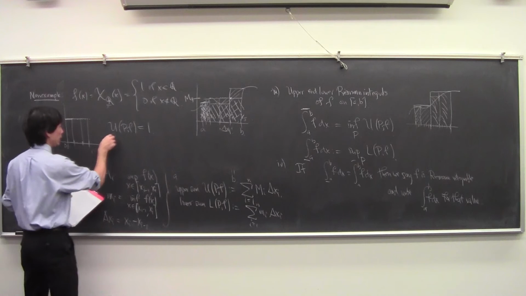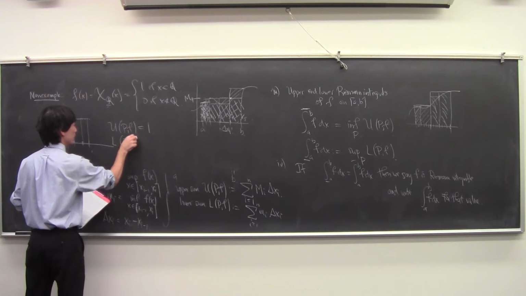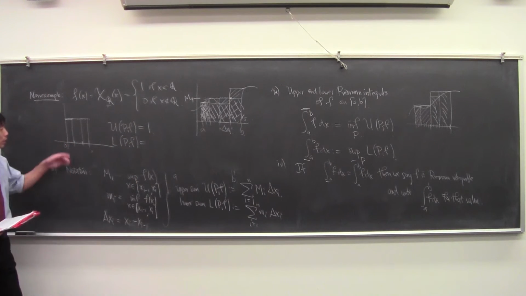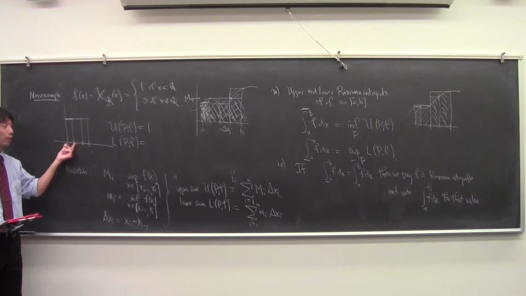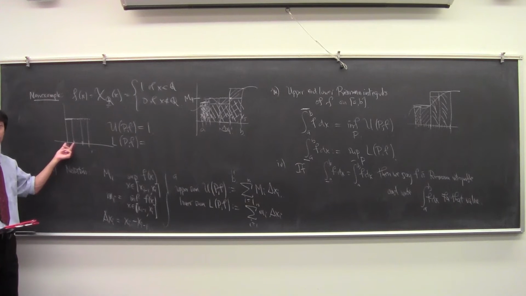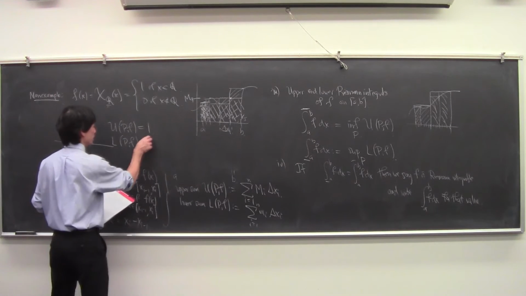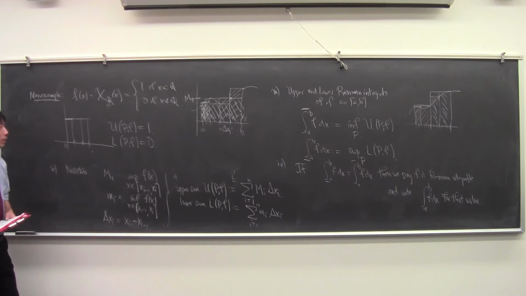Okay. And if you look at the lower sums, you take the infimum of the values over that interval. Again, you're always going to contain irrational points, and so you know that the minimum is always going to be 0. And so you get the lower sum is 0.